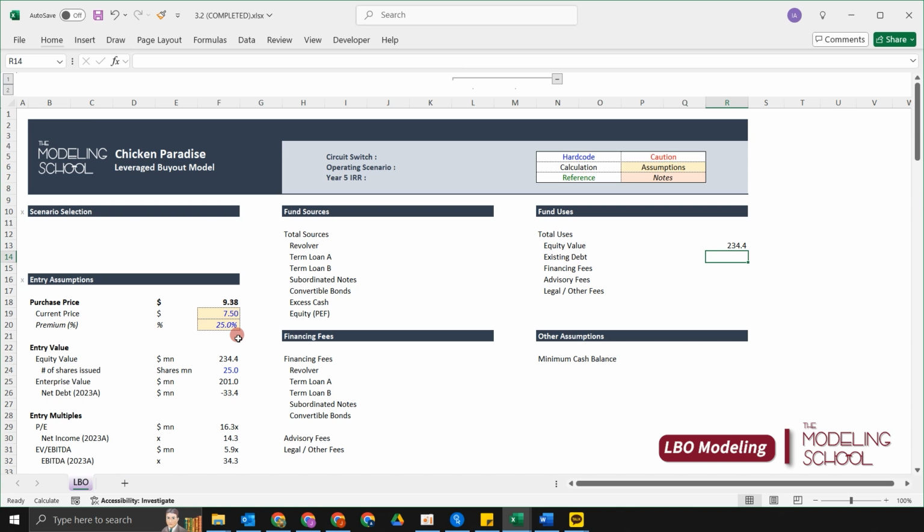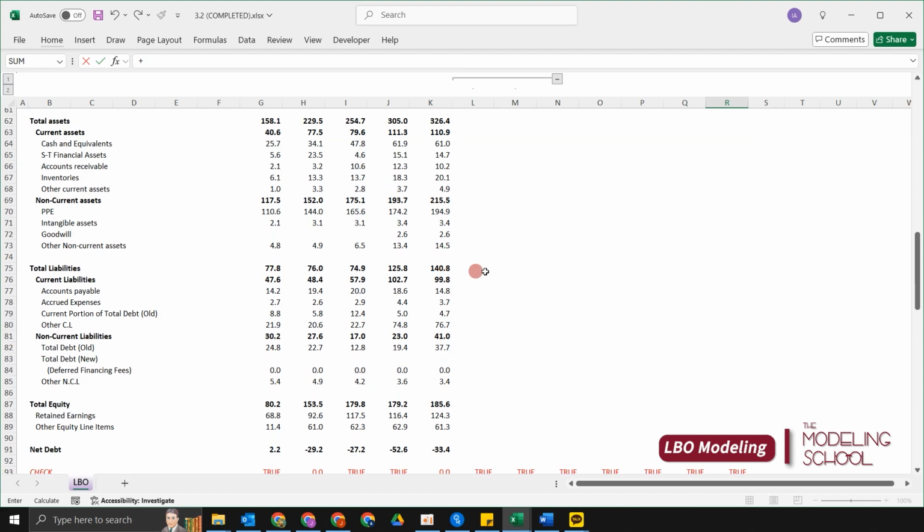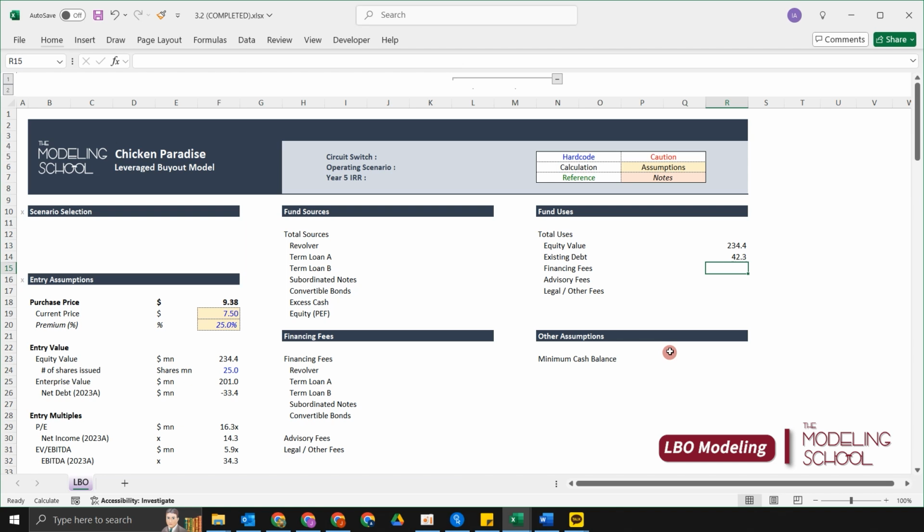And the company also has existing debt that we have to deal with. So existing debt, we go down to the balance sheet. Existing debt would be the current portion of old debt plus the old total debt balance that we have. Financing fees, advisory fees, and legal and other fees, we cannot complete them at this moment because we didn't finish the financing fees part.